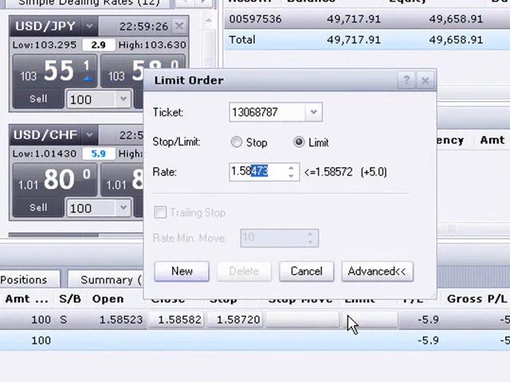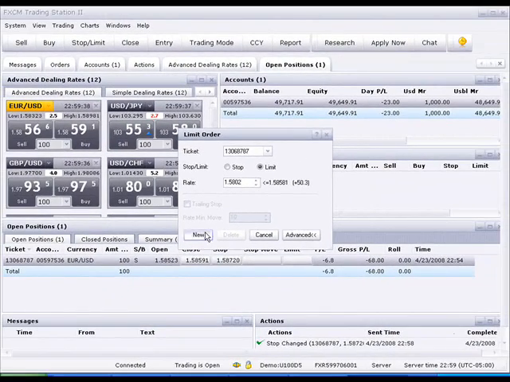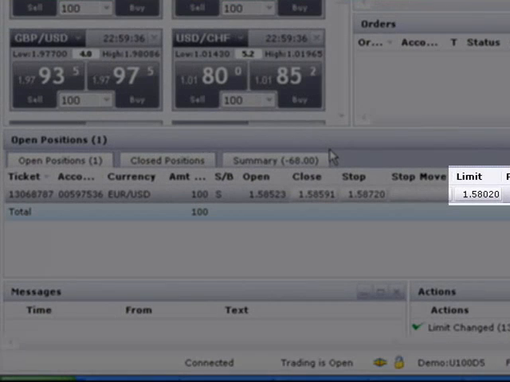For my example, I said that I'd like to take profits should the market trade 50 points in my favor, and again I ignore the fifth digit to make things simpler for me, so that is 158.02. Click new there, and that order moves down into the limit column of my open positions window.